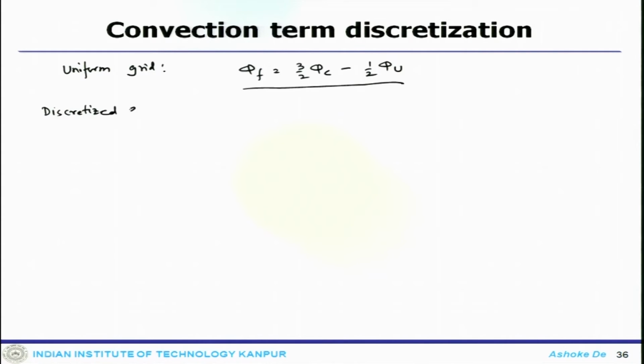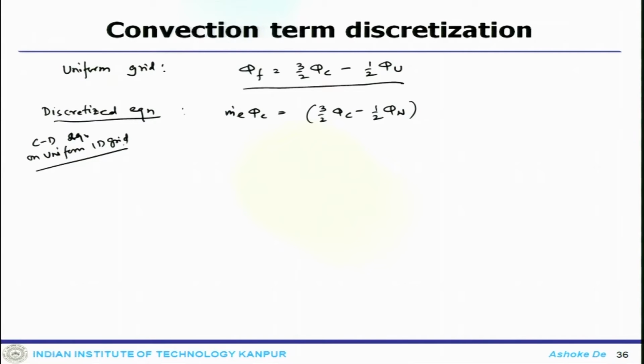If you look at the discretized equation, then one needs to calculate m dot E phi E, which is going to be 3 by 2 phi C minus half phi W. So, we are looking at the system where we are assuming the equation is a convection diffusion equation on a uniform 1D grid.